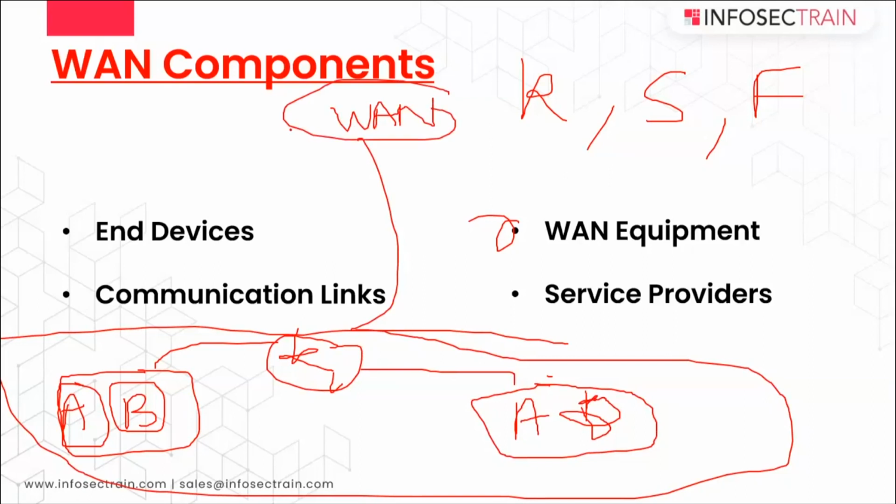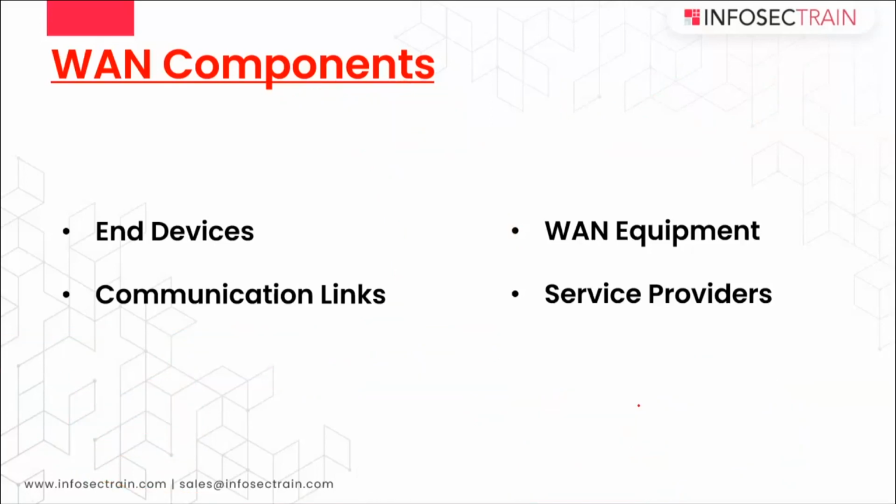It can basically be a WAN or any other geographical location where all of my different sites are working. So WAN equipment basically will be your devices like routers, switches, firewalls that are used to interconnect the LANs and manage the flow of your data between those particular devices, right? So those are WAN equipment.